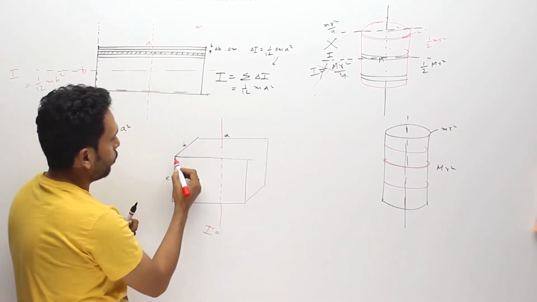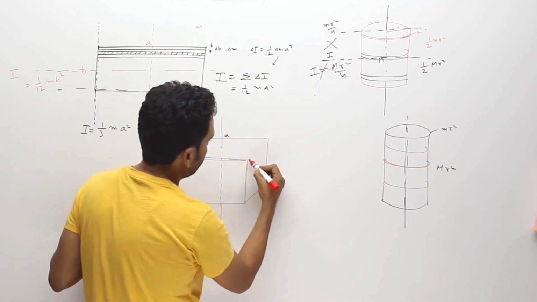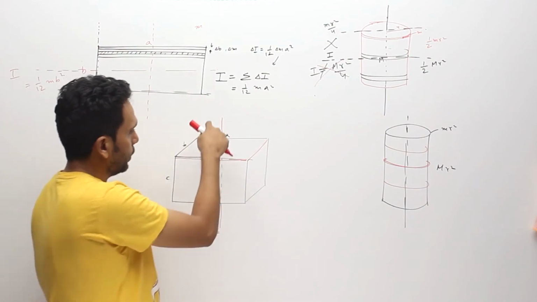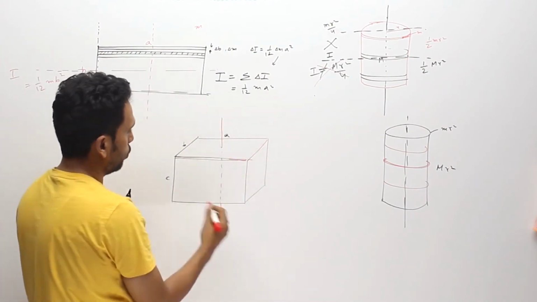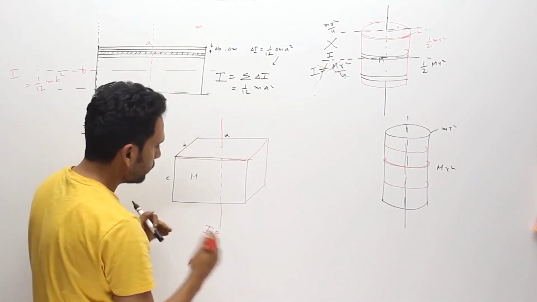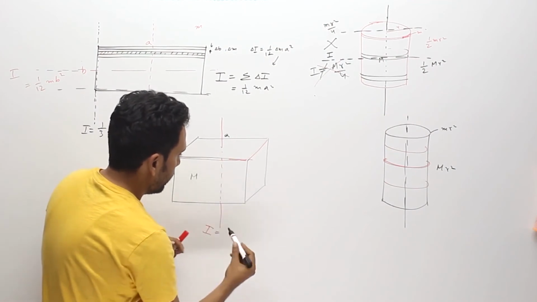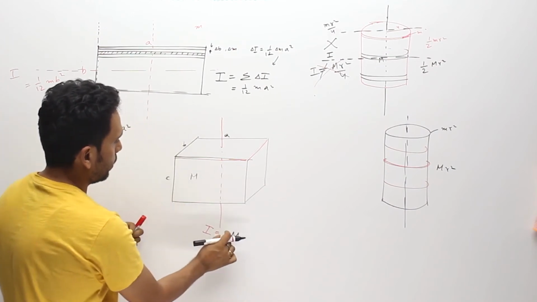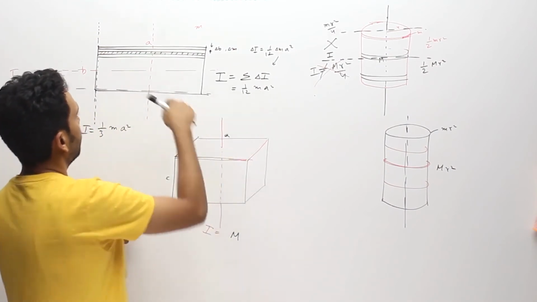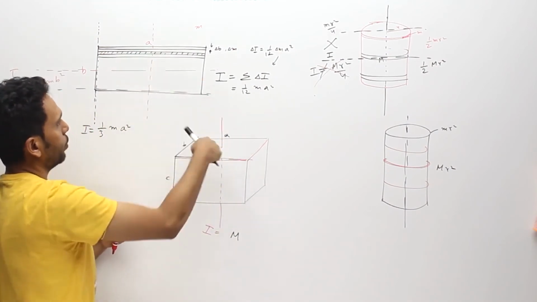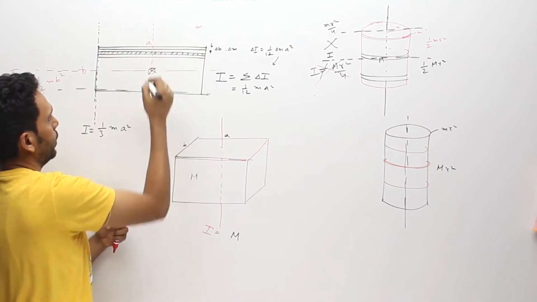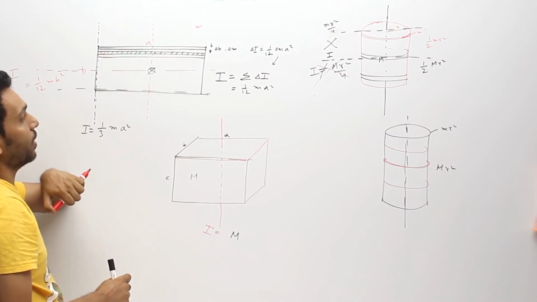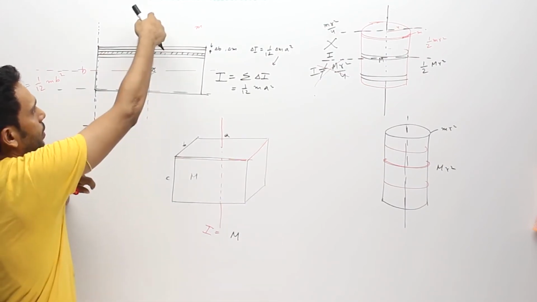So your answer would be whatever this top mass has as the format of the answer with its mass. That same format will carry for the whole mass. So if the whole mass is M, then you'll have M times A's and B's over here, and a constant which is the same as for the plate. For the plate, this axis is going like that. So what would you apply? I hope you understand that you can apply the perpendicular axis theorem over here.